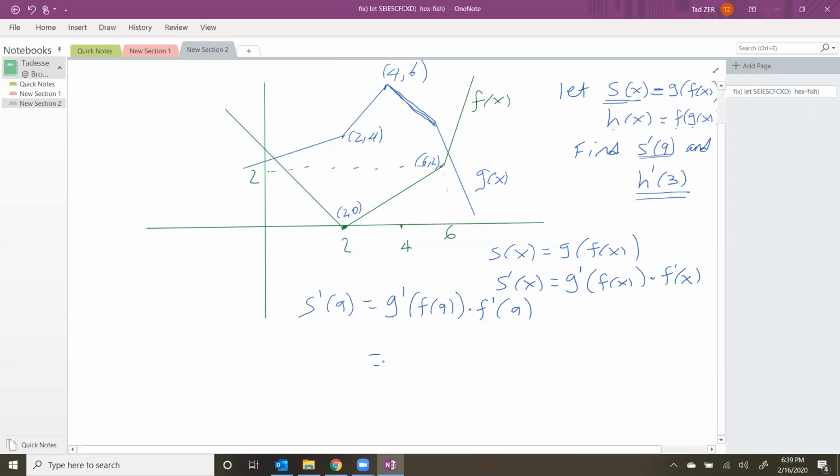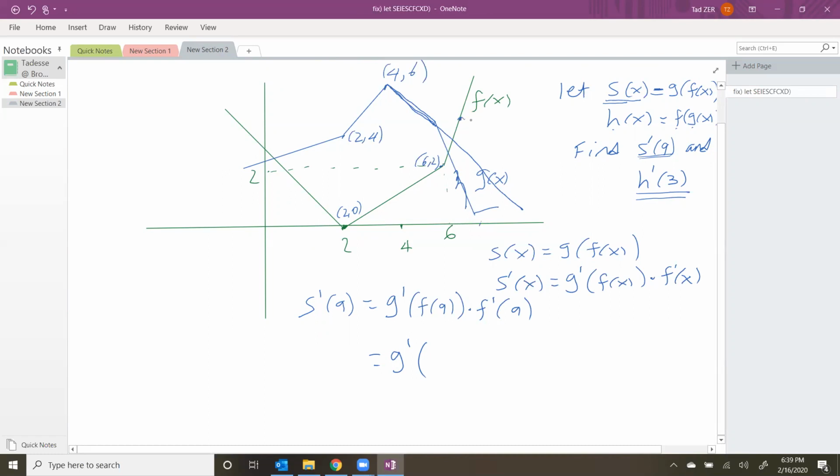Now, of course, you don't see the value of f at 9, but let me give you what the value of f at 9 is. I know this graph should be a little bit shifted to something like this instead of this one, but anyways, let me give you the value.